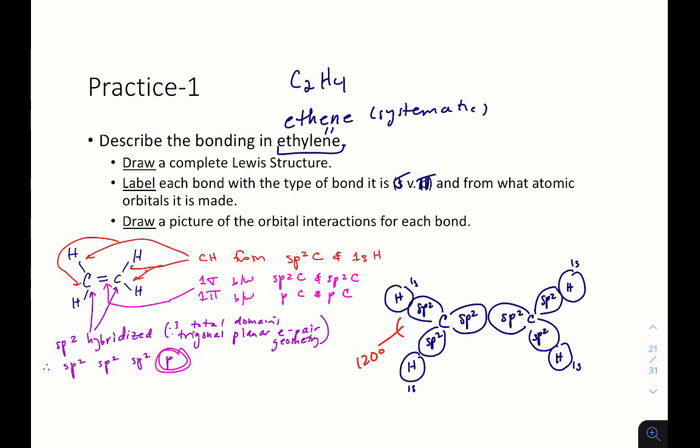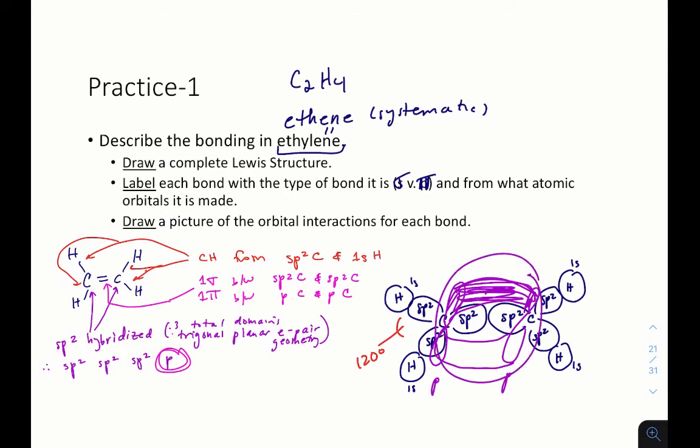And now we have one more interaction to draw, and that's the pi interaction. Now, the sigma interaction is actually in the plane of the paper. The pi interaction should be coming in and out of the plane of the paper, but that's a little bit hard to draw. So here are the p orbitals for both of those carbons, and they're overlapping above the internuclear axis. We can draw that if we want, and below the internuclear axis, just not on it.